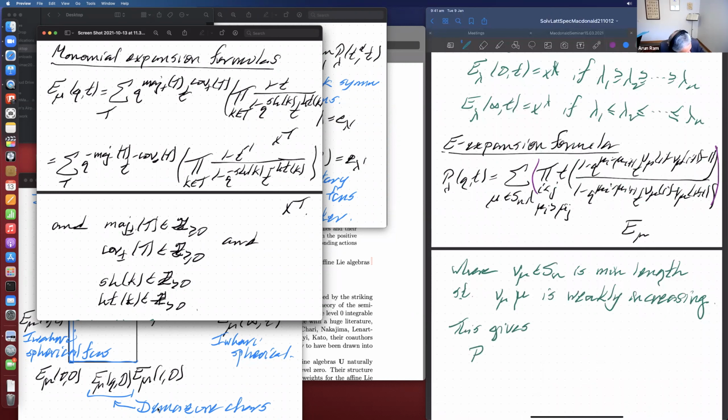And then you have a recursion for either adding or removing a box. It says that if you take the nth part and move it to the front and add 1, then that's equal to q to the minus mu n times x1 times your old E mu, except with the variables cycled around and x1 multiplied by q inverse.